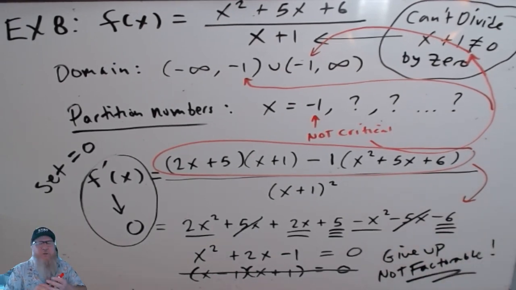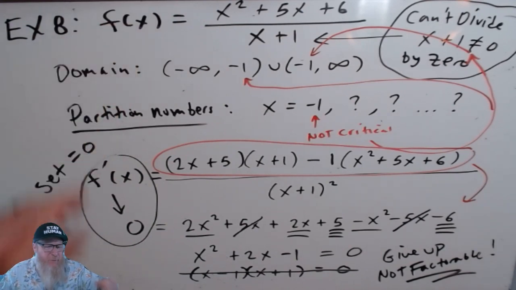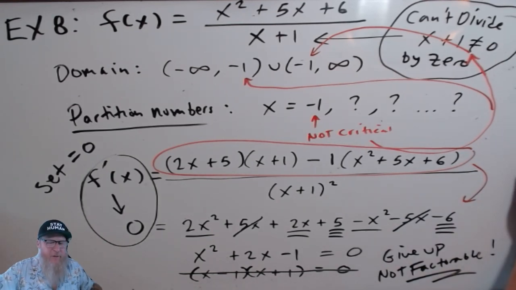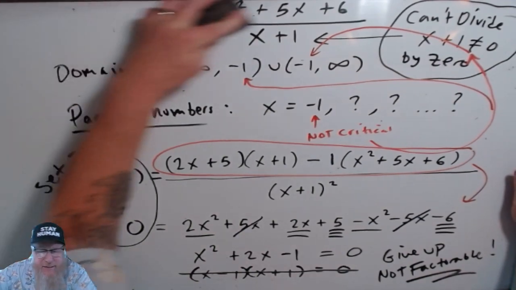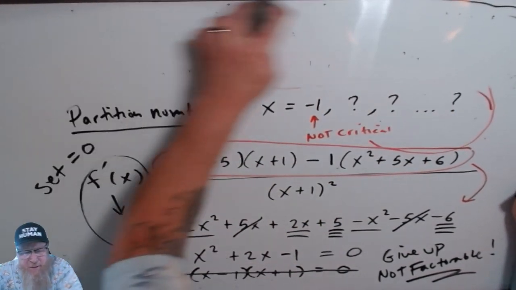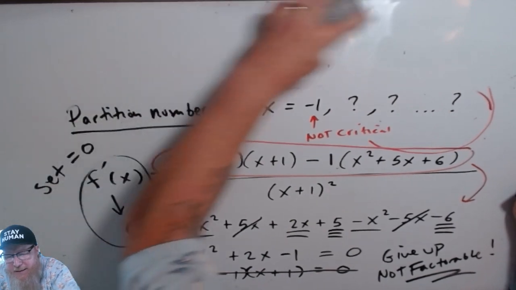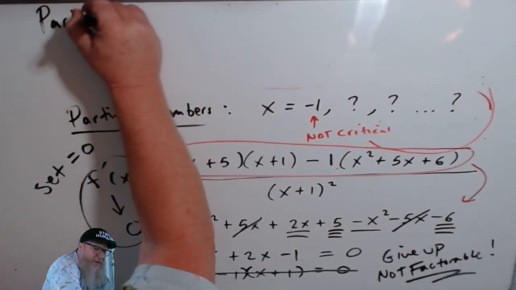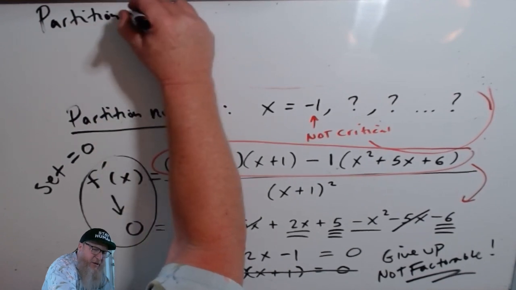And the sooner you discover that, the sooner you don't have to waste a bunch of time trying to solve something without having another technique. There are lots of different techniques for solving a quadratic equation. I'm going to write this down so I don't lose it. Partition numbers.